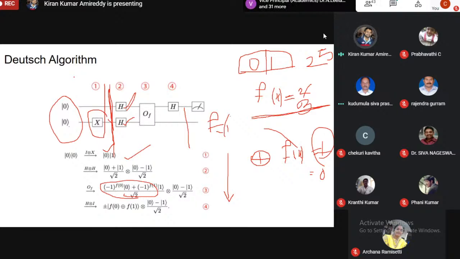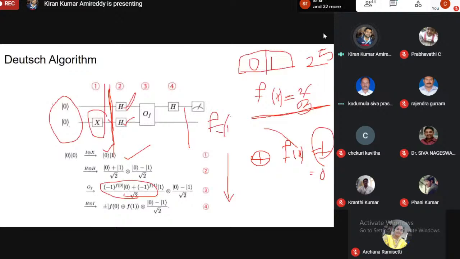You first apply the Pauli gate, then Hadamard, then the Oracle, and then you are able to get the superposition of the input values.